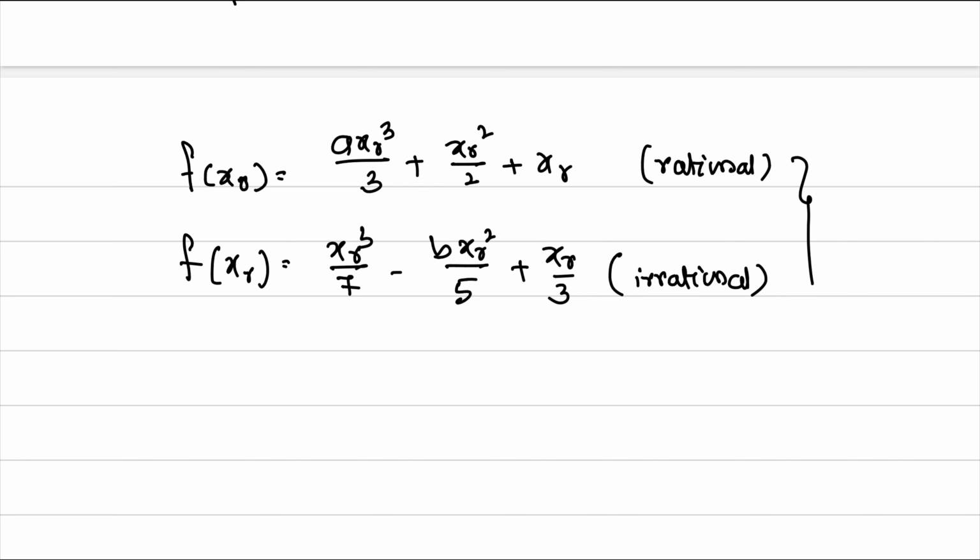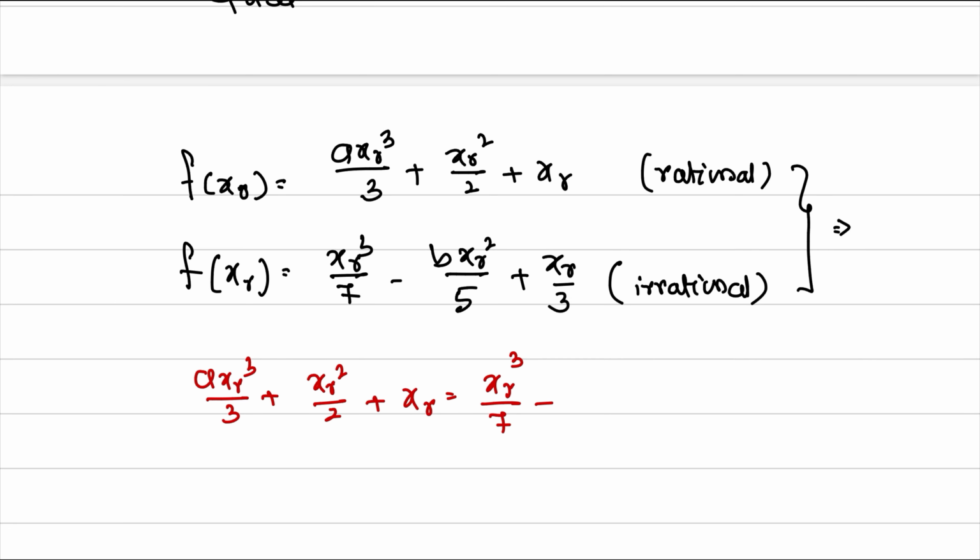The both should be equal, which implies a xr cube by 3 plus xr square by 2 plus xr is equal to xr cube by 7 minus b xr square by 5 plus xr by 3.